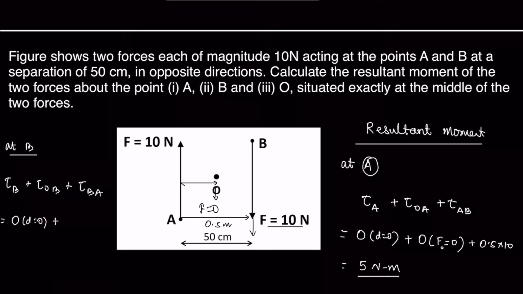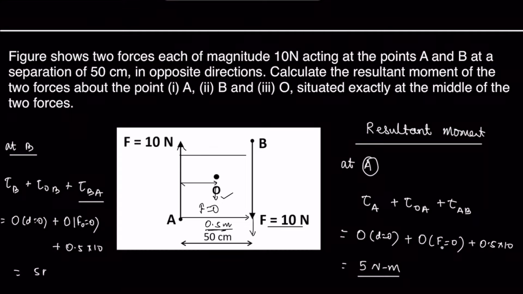OB means we know that there is no force acting at O. So torque is 0 because F is 0 at O. Third is BA. Same as A, the B distance with respect to A is 0.5 meter and the force is 10 Newton. So this is 0.5 into 10, it is equal to 5 Newton meter.